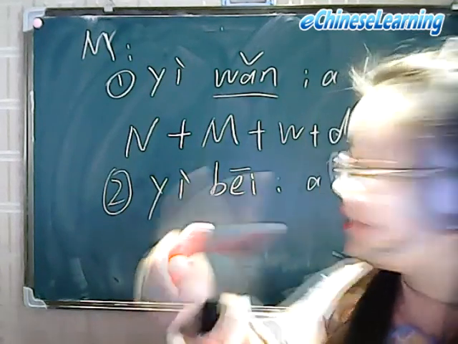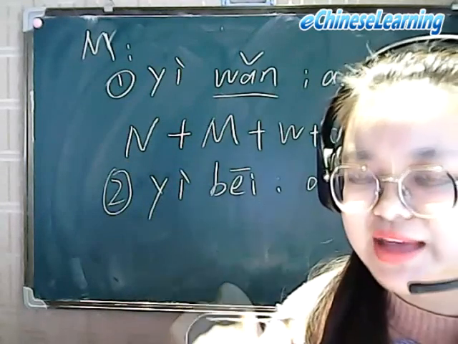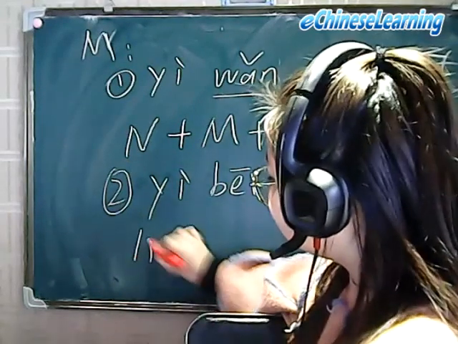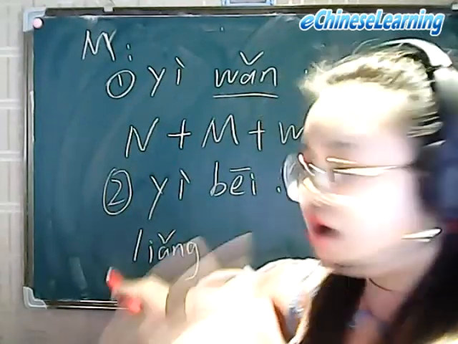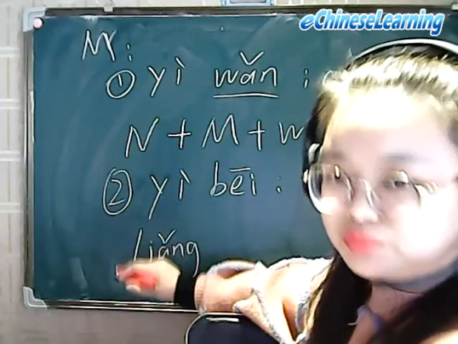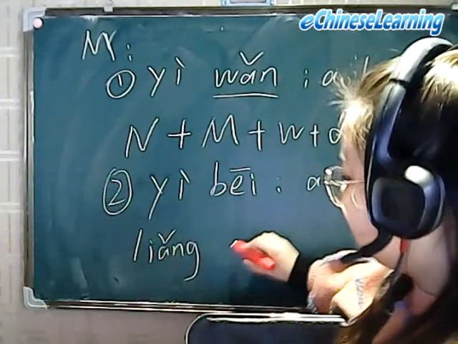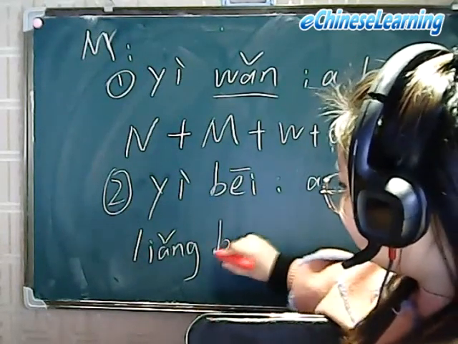Yes. And 两杯, 两 is 2. 两杯. So when we use 二 to describe something before a cup, we can say 两. It means 2, like 两杯.